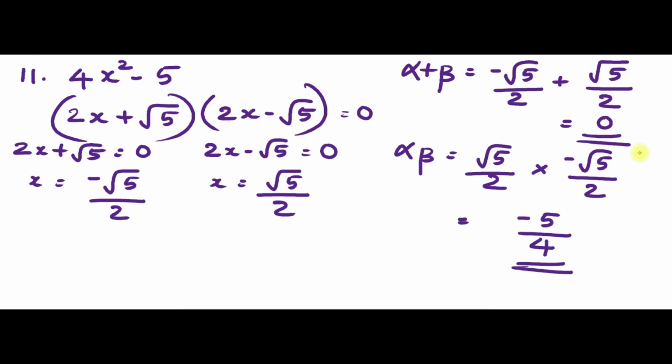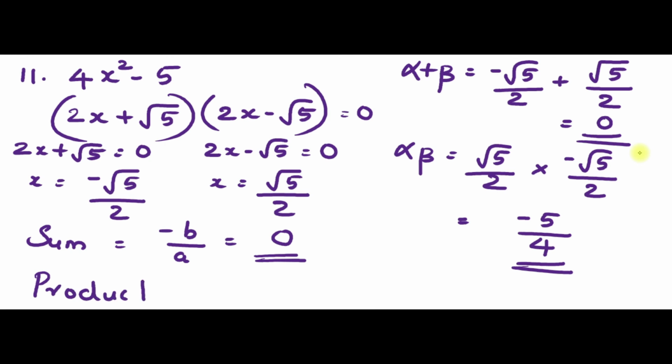You can verify your answer. Sum of zeros is minus b by a. Here the x coefficient is absent, so the sum is equal to 0. And product of zeros is c by a. C by a is the constant term, that is minus 5, divided by the x square term, that is 4. So you got both answers the same.